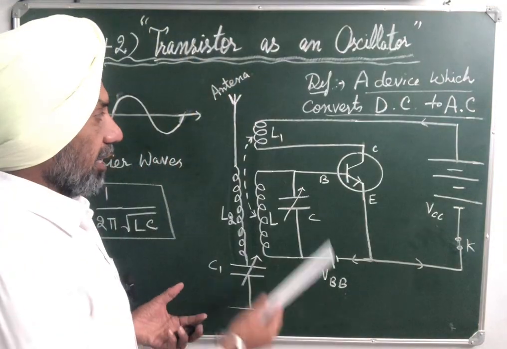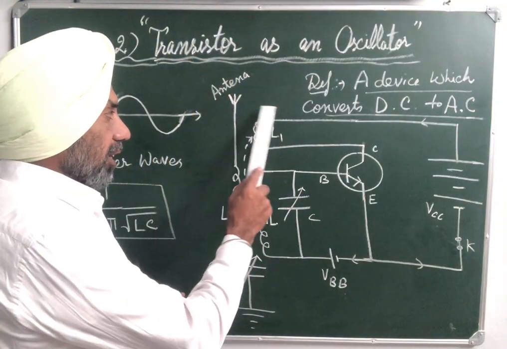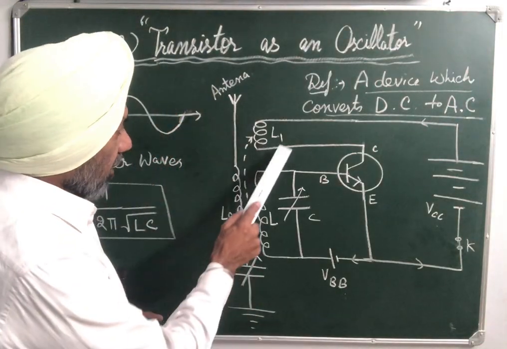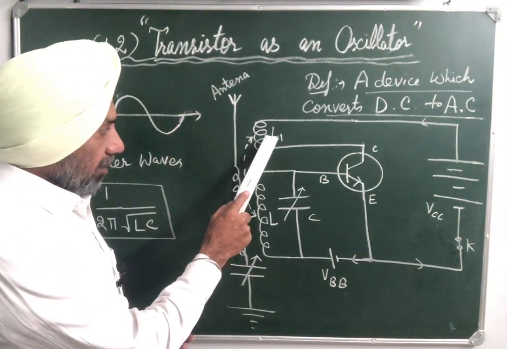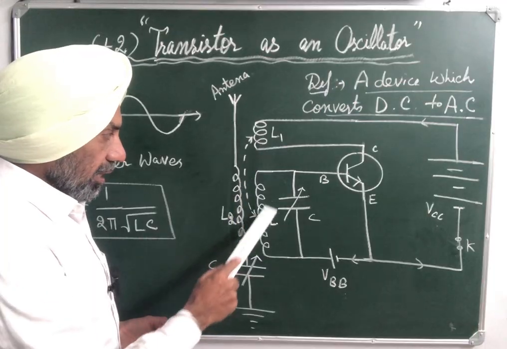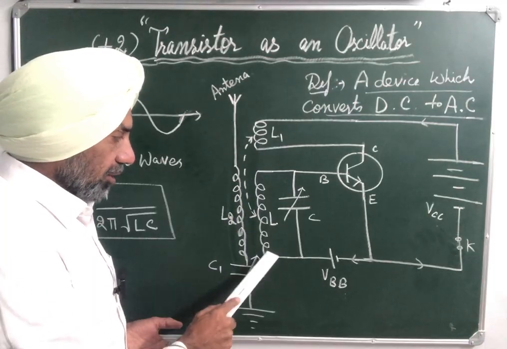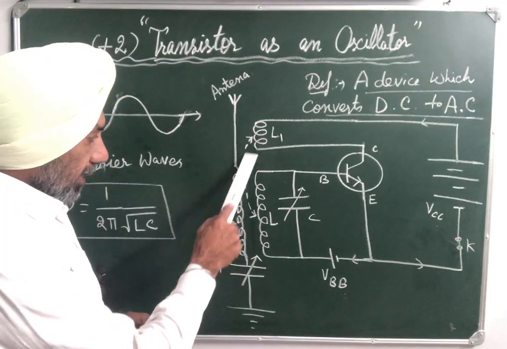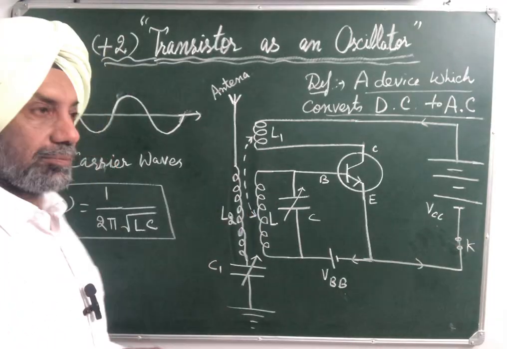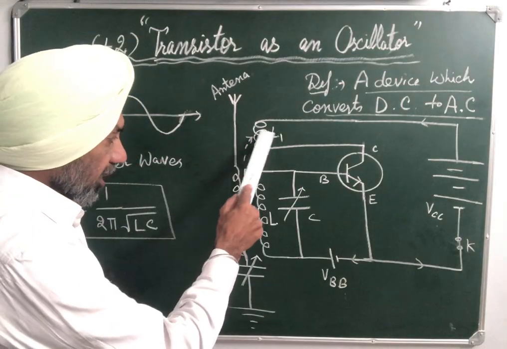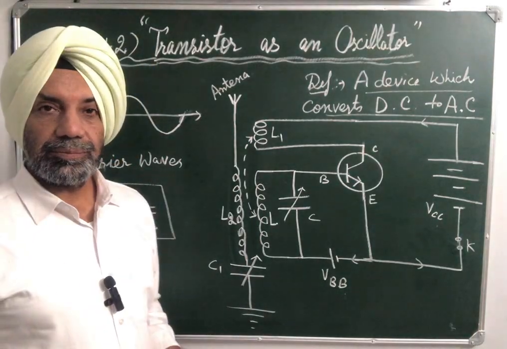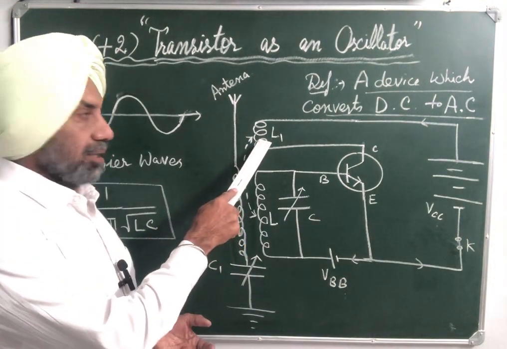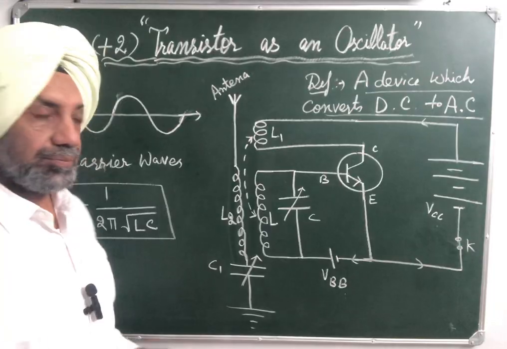As a result, increasing magnetic flux is linked with L1. And this increasing magnetic flux linked with L1 is also linked with inductor L, because L1 and L are inductively coupled, that is due to mutual induction.